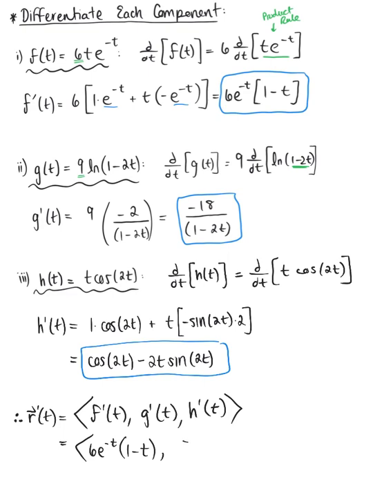We have negative 18 all divided by 1 minus 2t. And last but not least, we have cosine of 2t minus 2t times sine of 2t. And so this is our beautiful final answer.